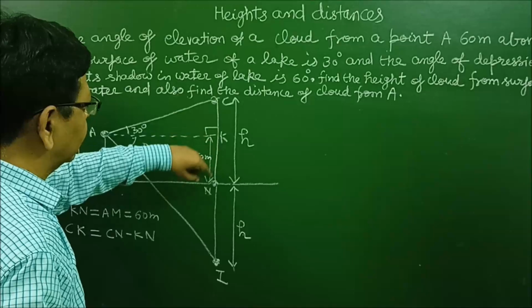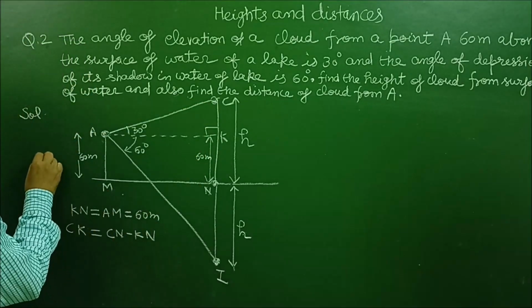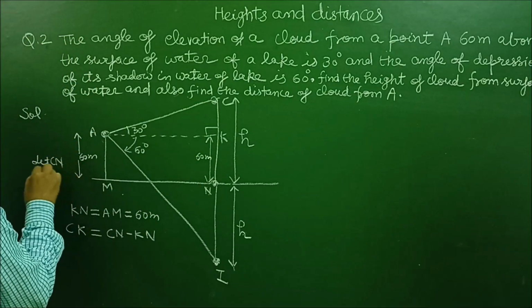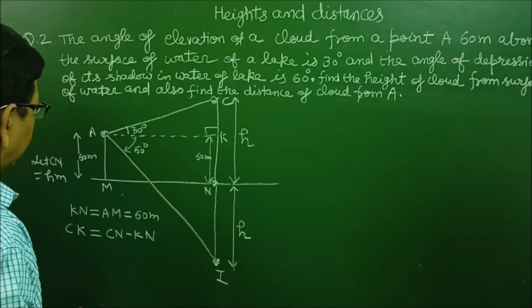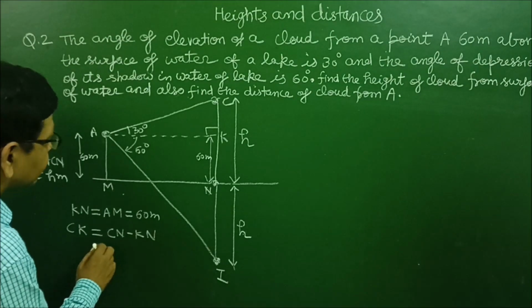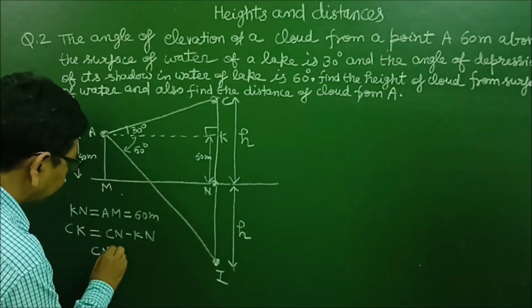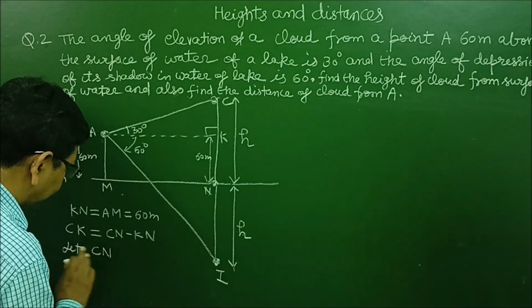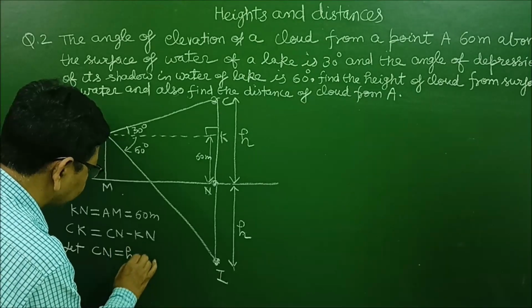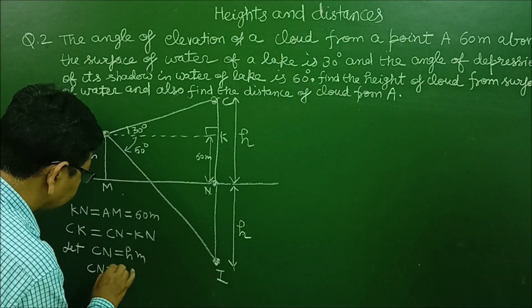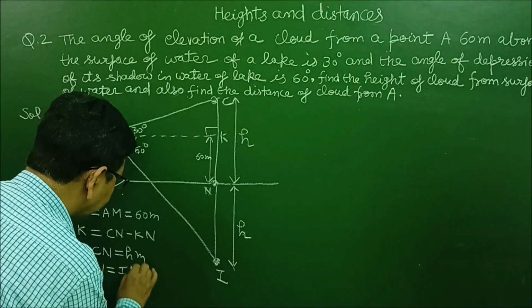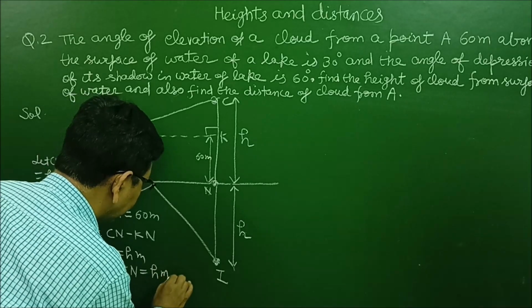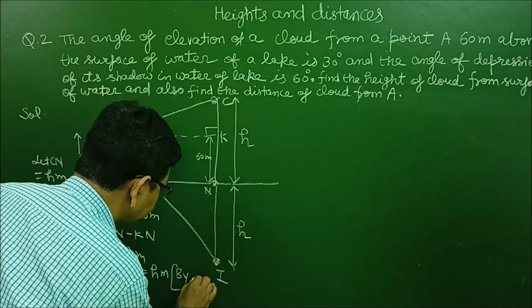And CN, let CN be equal to H. We have taken CN as H meters. And by the laws of reflection, we can say that IN is equal to H meters.